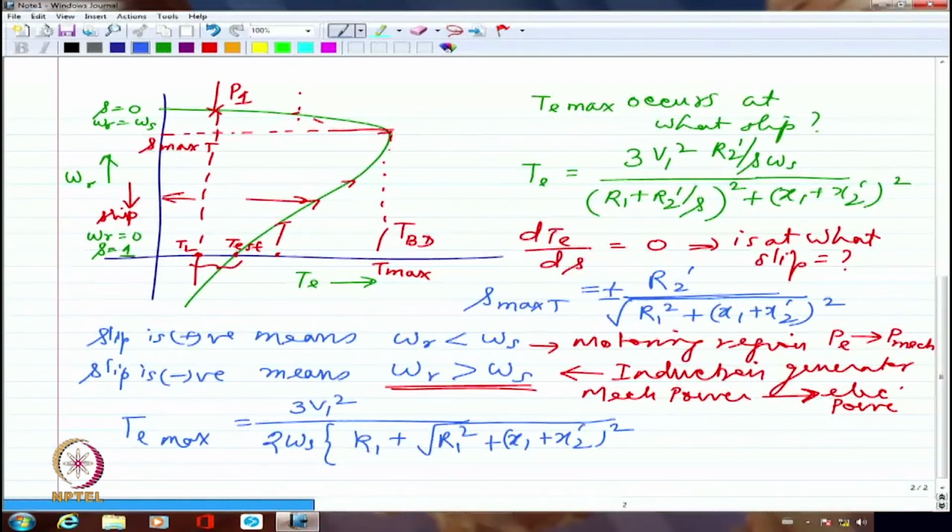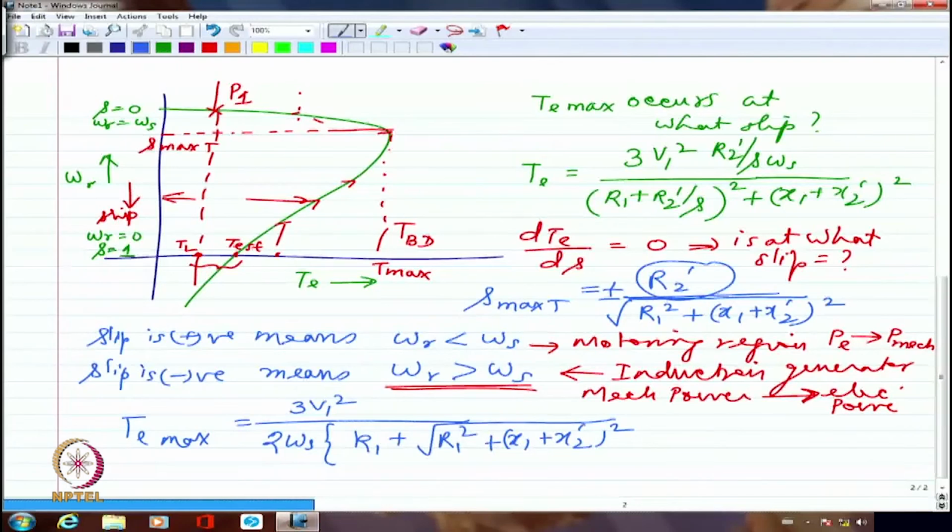Right? But the slip at which the maximum torque occurs, that has R2 in the numerator, which means if I increase R2, like in the case of a slip ring induction motor, where I can include resistances externally, then this maximum torque will not get affected, but the S max T will get affected.